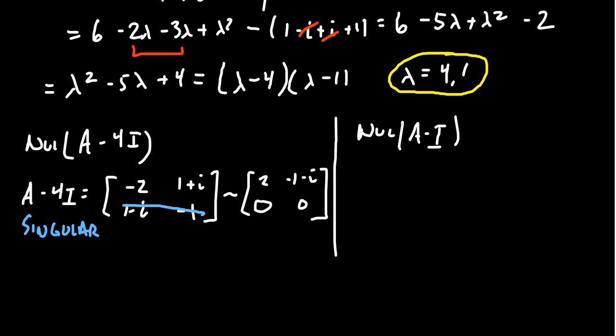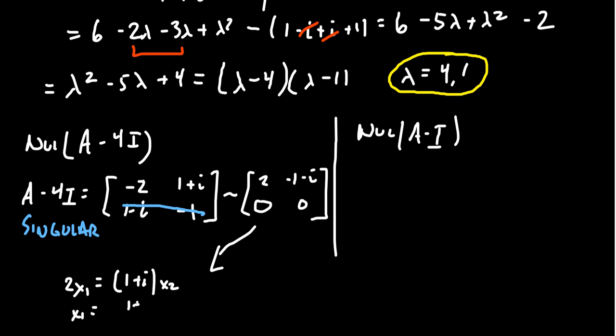But we have this relationship. If we think of the associated homogeneous system of equations here, we have that 2 x1 is equal to 1 plus i times x2. I'm going to go the other way around. I actually want to solve for x1 right here.